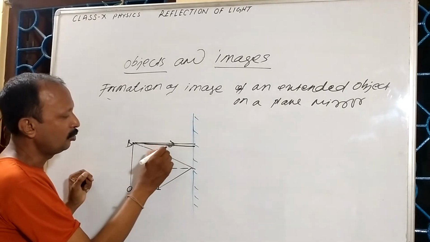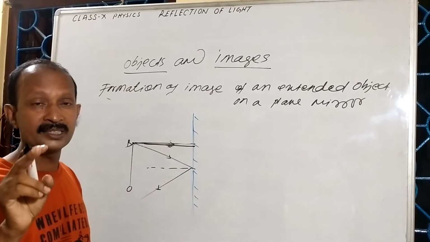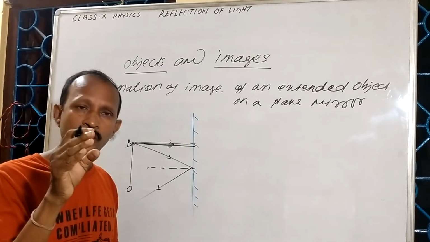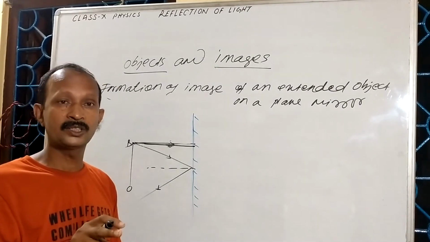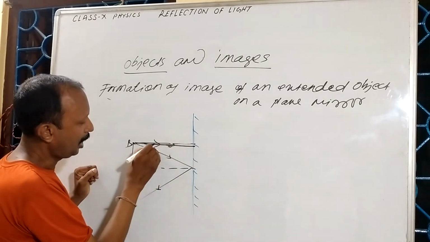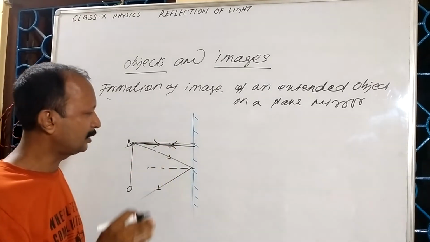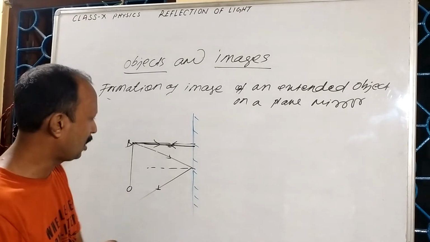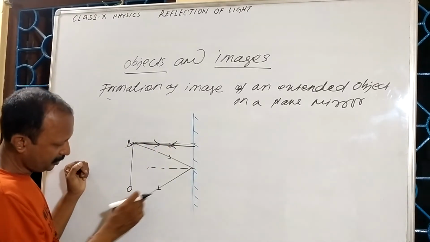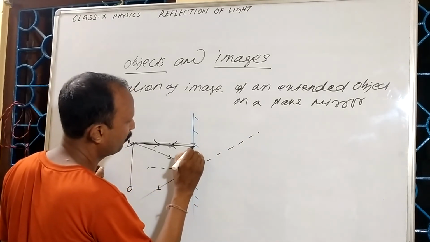That means the incident ray is only the normal. So the angle of incidence is 0, and the angle of reflection is also 0. That means the light ray will return along the same path but in the opposite direction. This is the incident ray, this is the reflected ray. So this is another reflected ray. Now I am extending it, I am producing it.